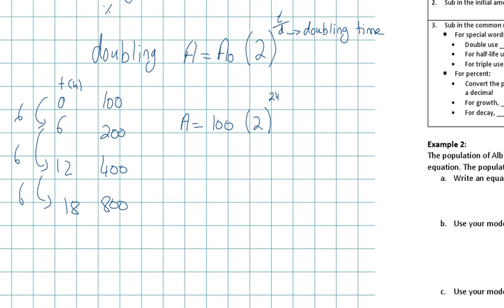So that's your t, and then divided by your doubling hours, which is 6. That 6 is never going to change in this question, right? What's going to change is if I ask you, what would your population be in 48 hours? Then you plug in 48 for 24. Or what would the population be in 27 hours? You plug in 27 divided by 6.